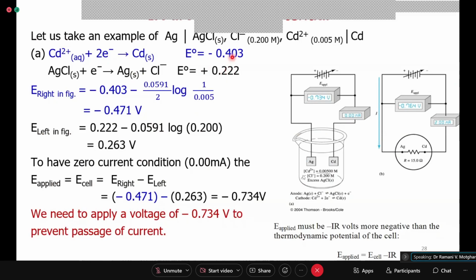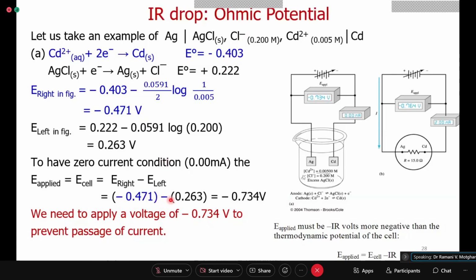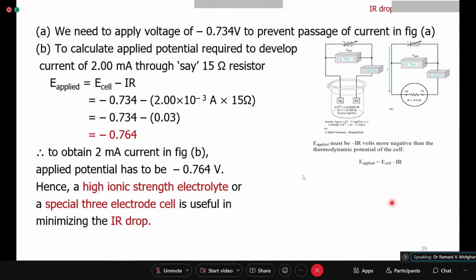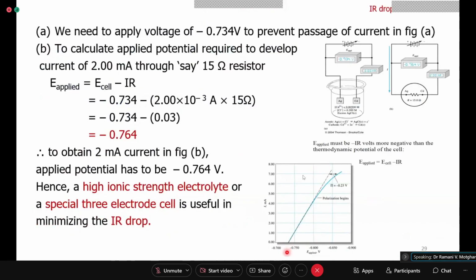So the thermodynamic or the literature value is that at zero current, the potential is 0.73.